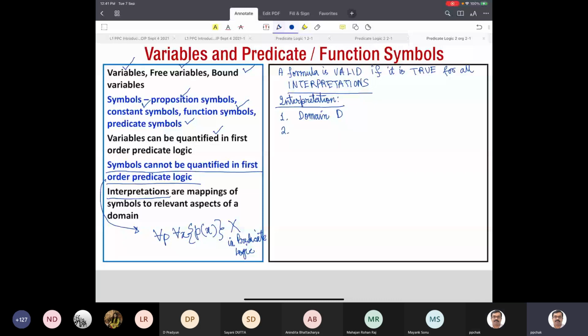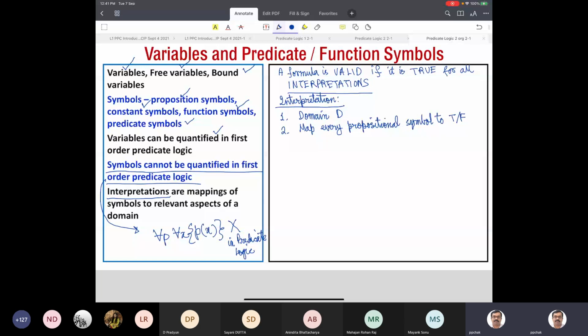Then map every propositional symbol to, can anybody suggest? Every propositional symbol, like in a truth table, we have to assign it to true or false.